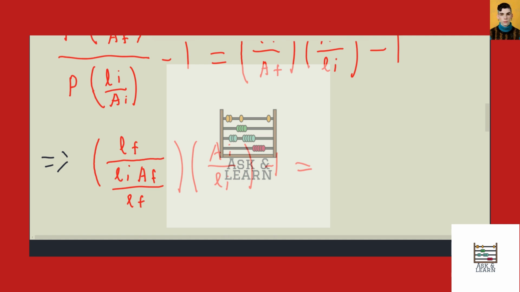And then we simplify this as L of F divided by L of I, squared, minus 1.